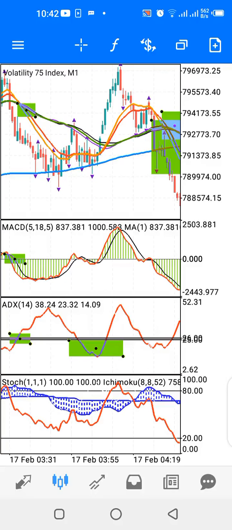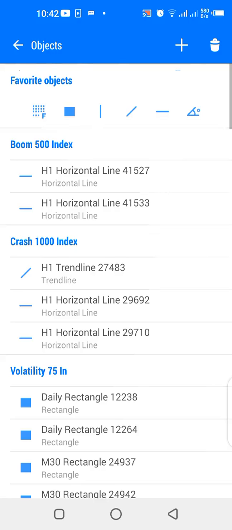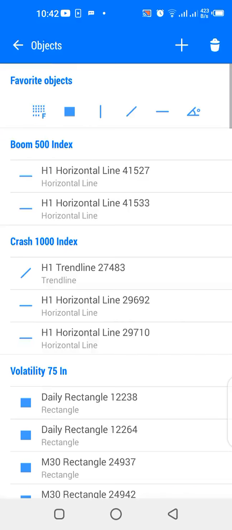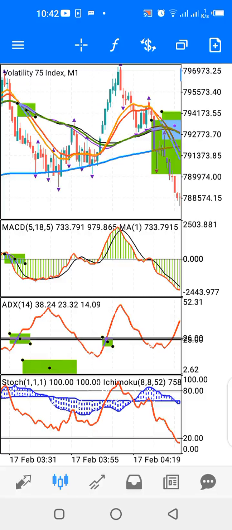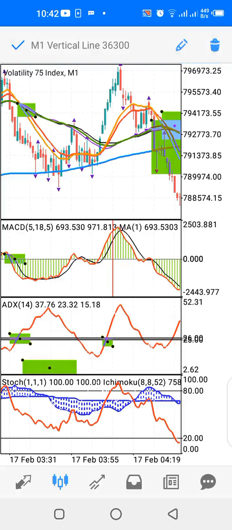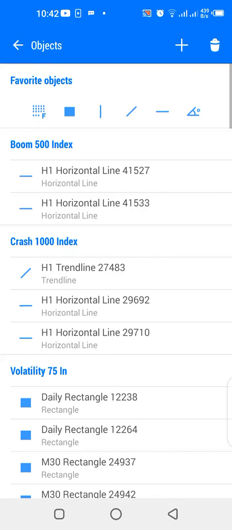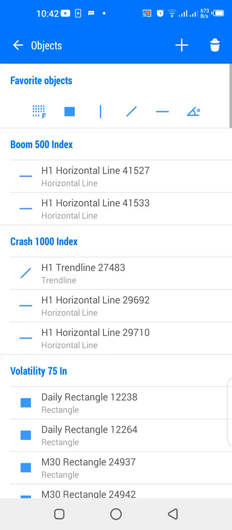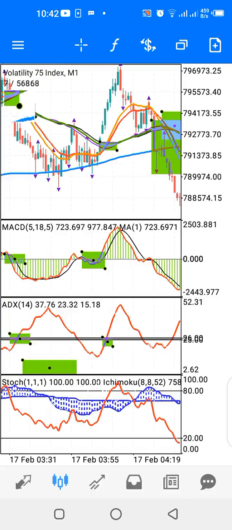As soon as the ADX line comes into the 25, 26 levels, like you have around here, as it enters the two levels, you go up and look at other indicators, what is happening at that point in time, and then you place your trade. Like you have a buy at that point in time, so I have a buy here.